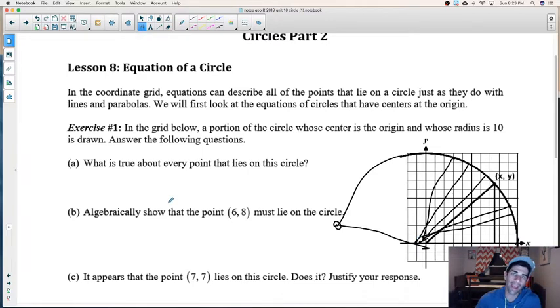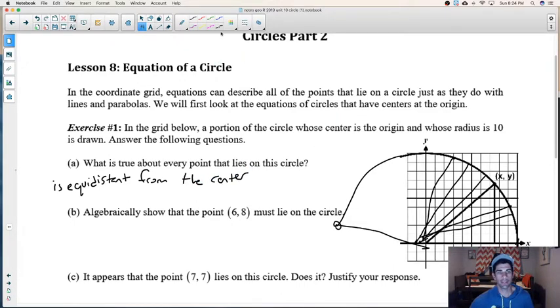They will all have the same distance, which by definition is a radius. So every point is equidistant from the center.